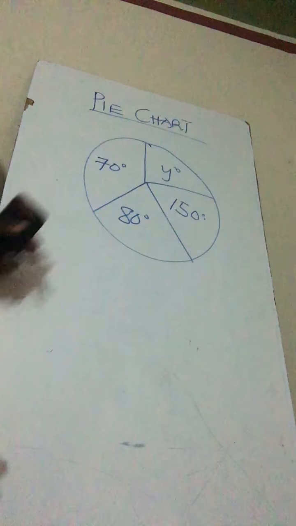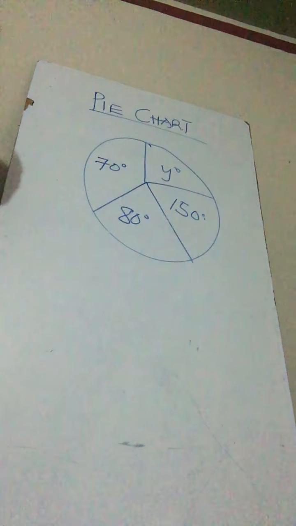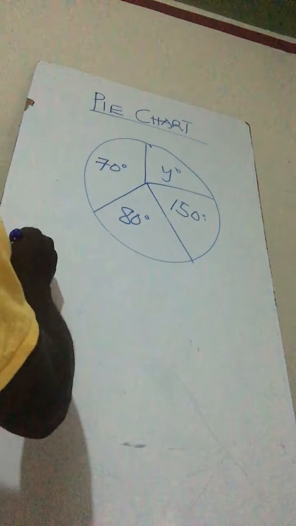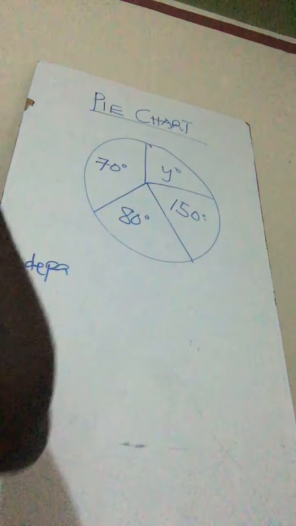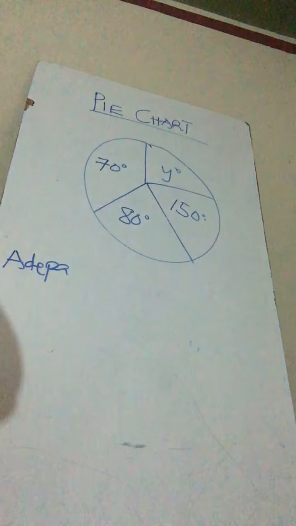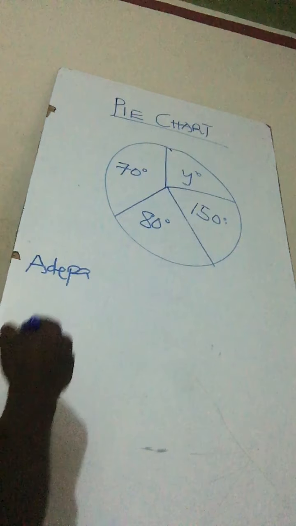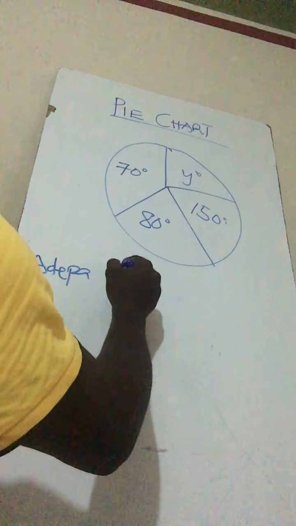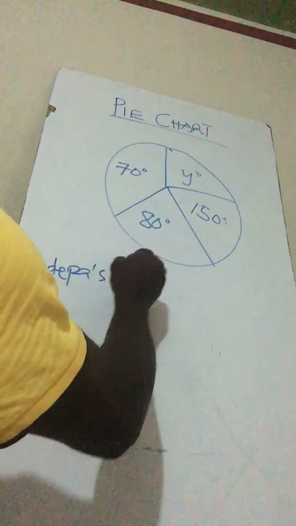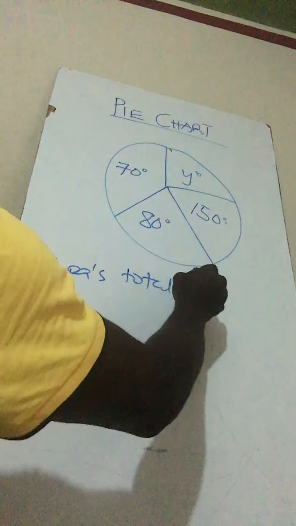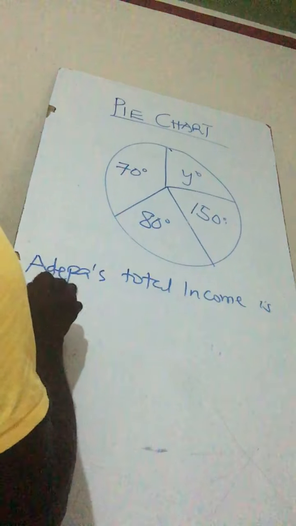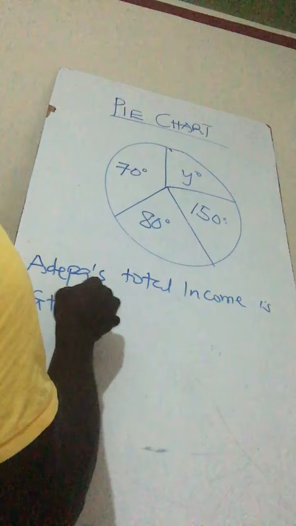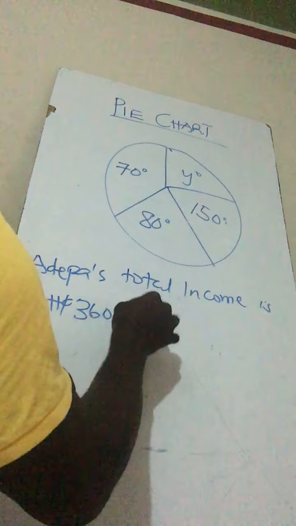So we have this as our pie chart, and the question follows that let's say Adepa's total income is 36,000 Ghana cedis.